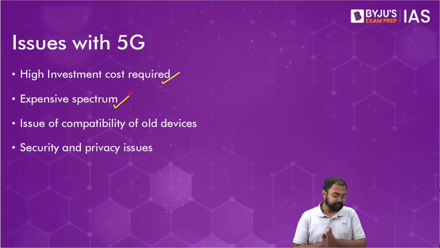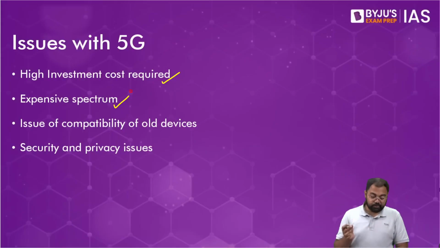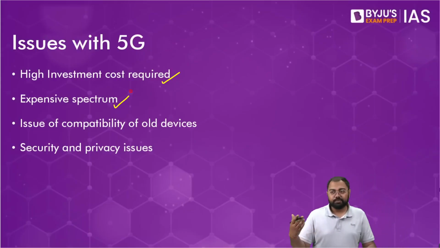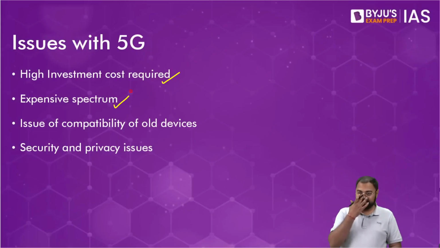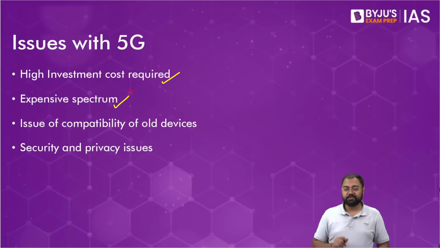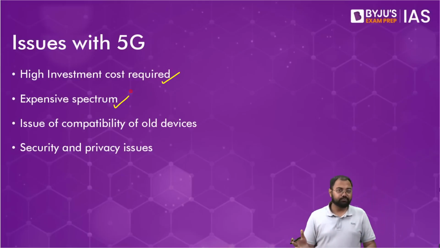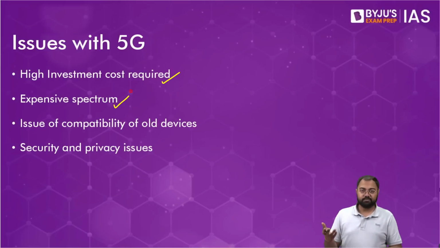Then the issue of compatibility of old devices, because older devices, especially the ones that came to India before 2021, are not compatible with 5G. They would have only 4G connections available in them. So 4G is only usable there.